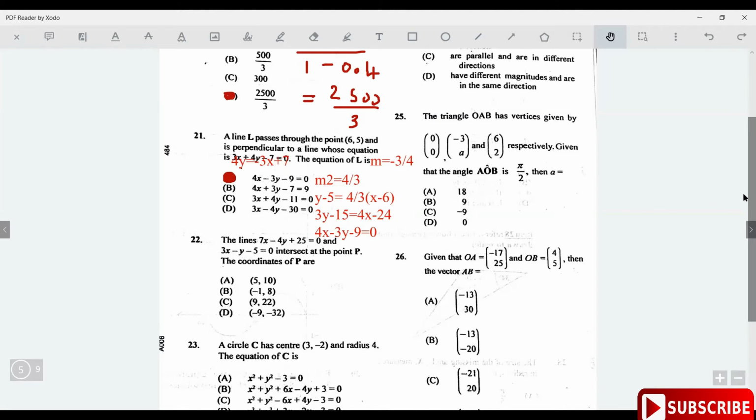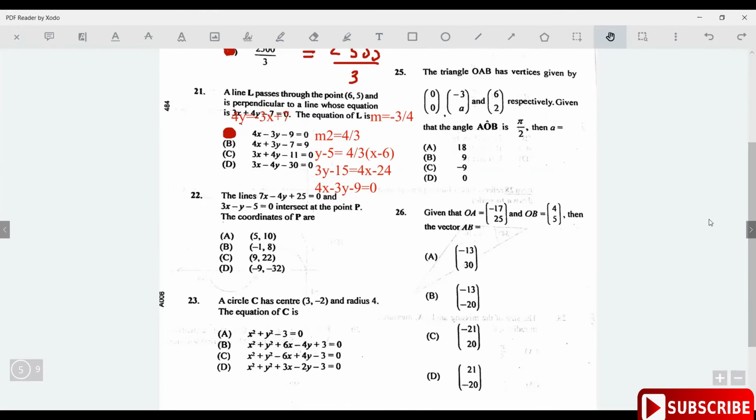Question 22 says, the lines 7x minus 4y plus 25 equals 0 and 3x minus y minus 5 equals 0 intersect at a point P. What are the coordinates of the point P? So first thing, for the second equation, we need to just multiply through by 4.